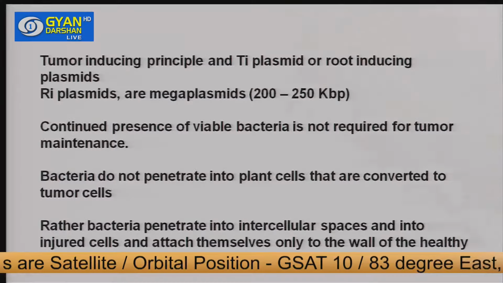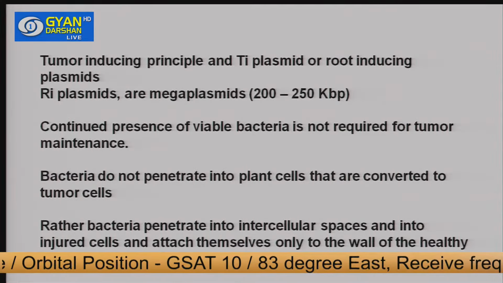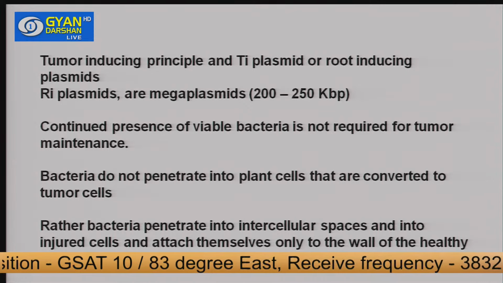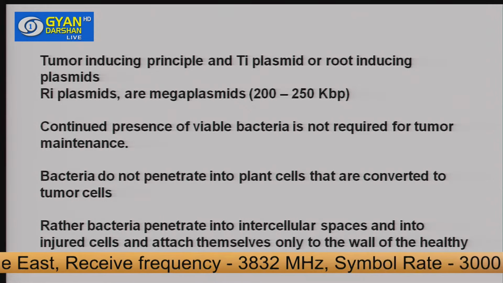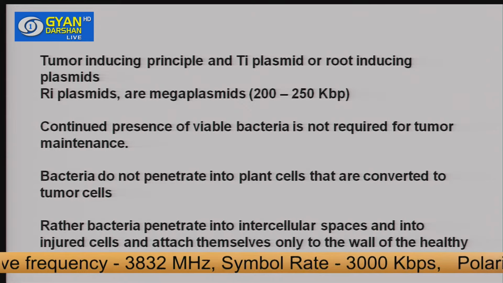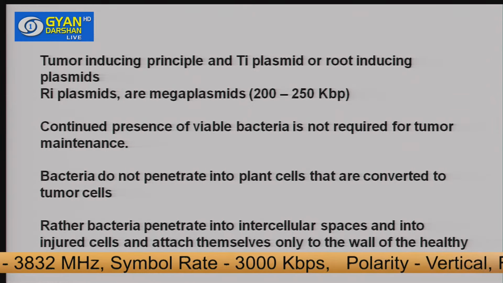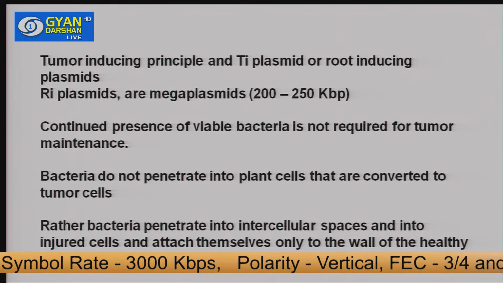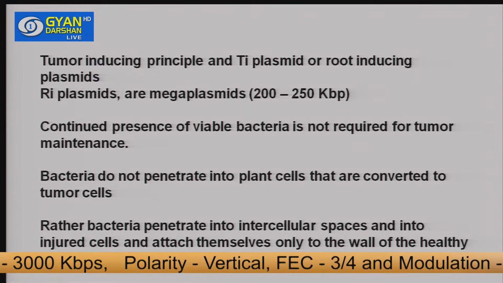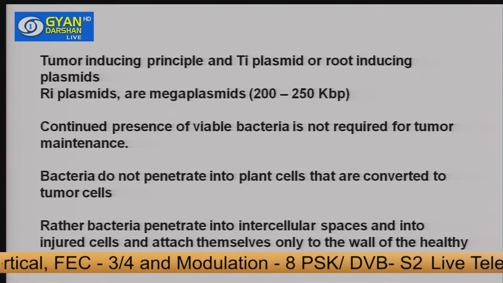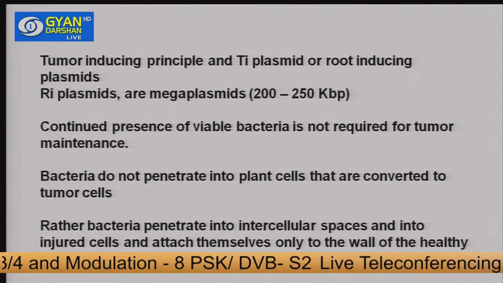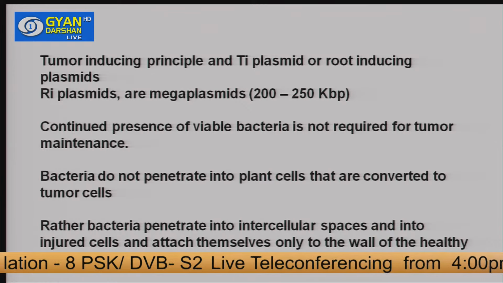Now, as I said, Agrobacterium tumefaciens has the tumor inducing principle, the Ti plasmid. So we have to now understand very clearly what is the structure of this Ti plasmid and how you clone a particular gene in the Ti plasmid, what are the different ways by which you can undergo the cloning and the transformation process, because we are utilizing this Ti plasmid for plant transformation.